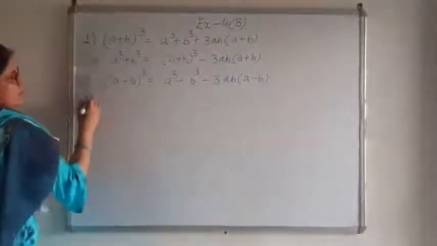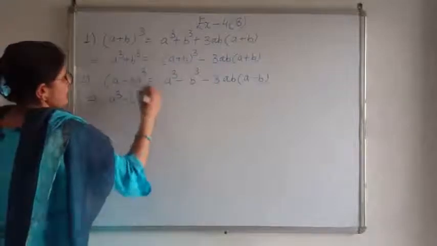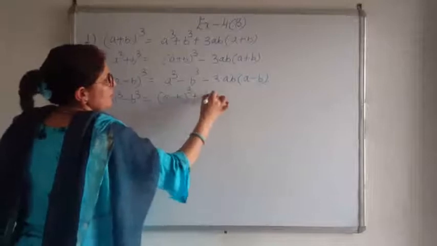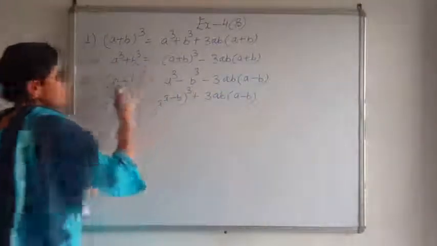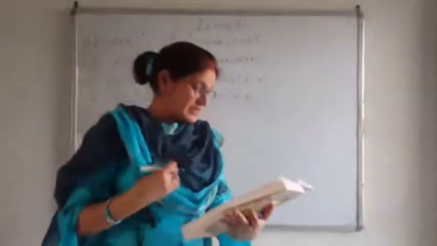So from here, the value of a cube minus b cube equals (a minus b) cube plus 3ab (a minus b). So these two identities basically we will use in this exercise.